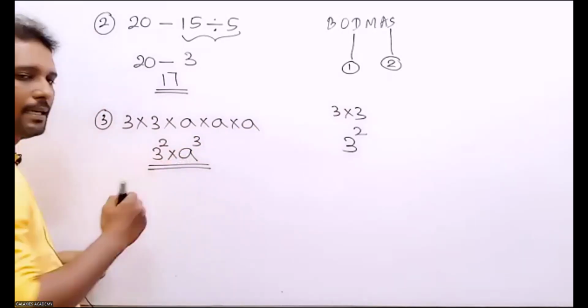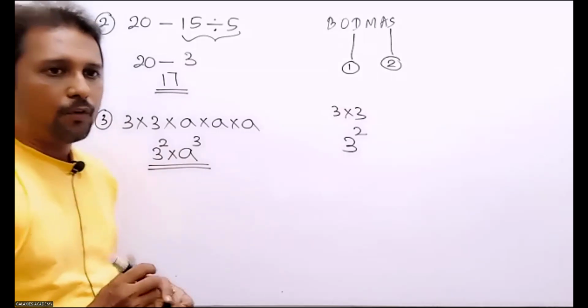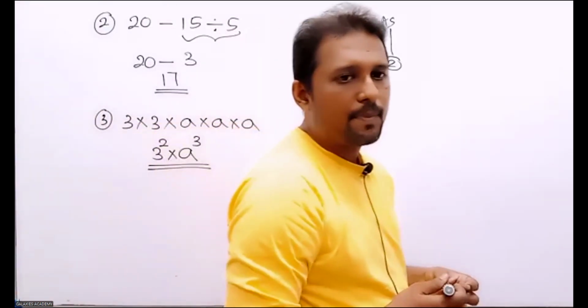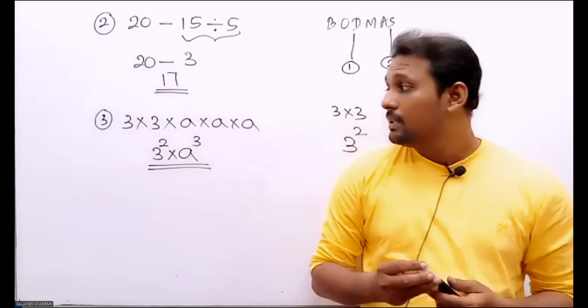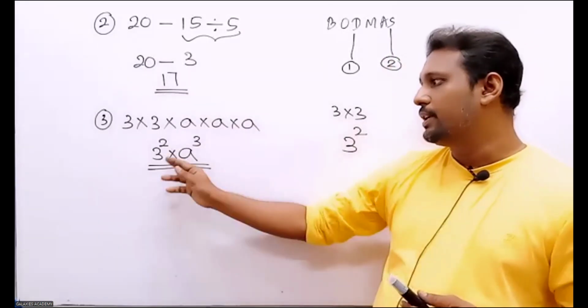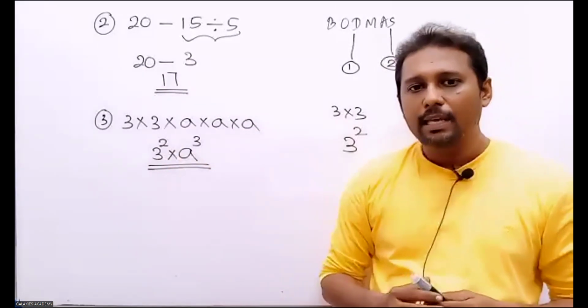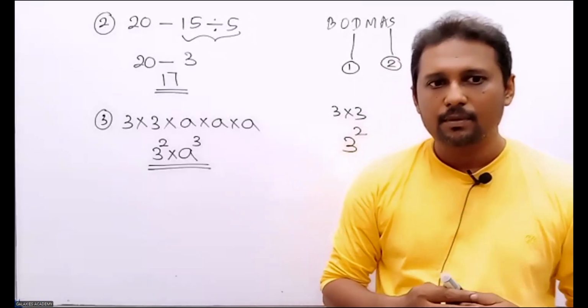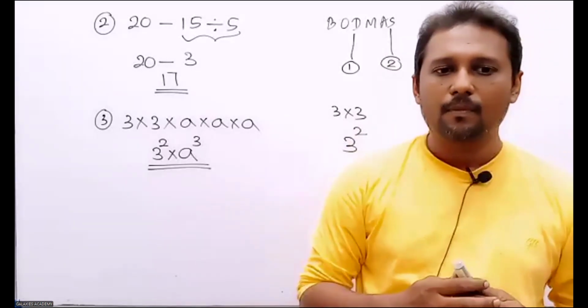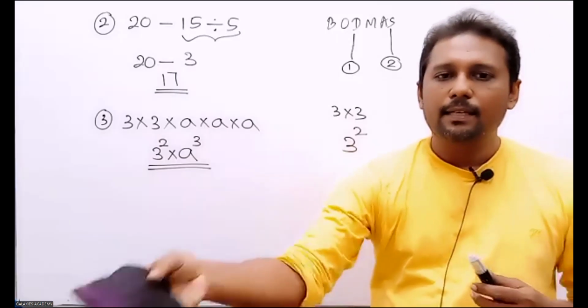So this is the index form of the expanded form. The third answer should be 3 to the power 2 multiply A to the power 3. It is the third question.